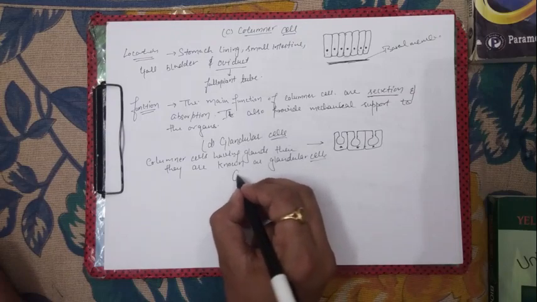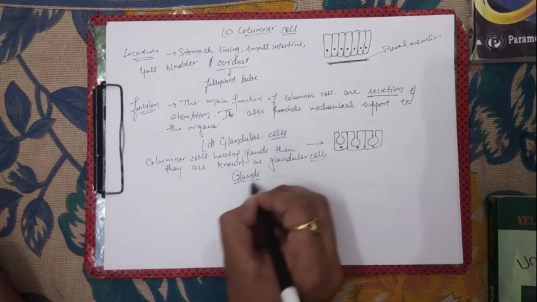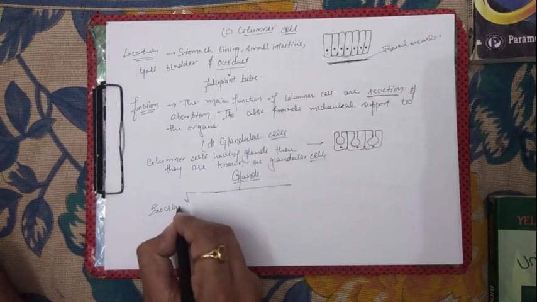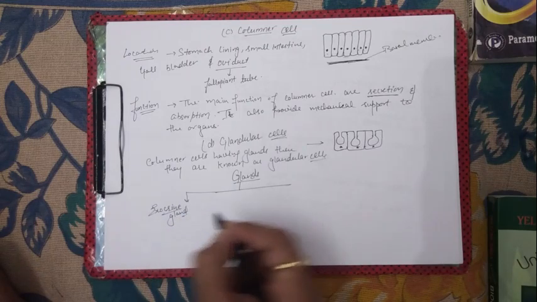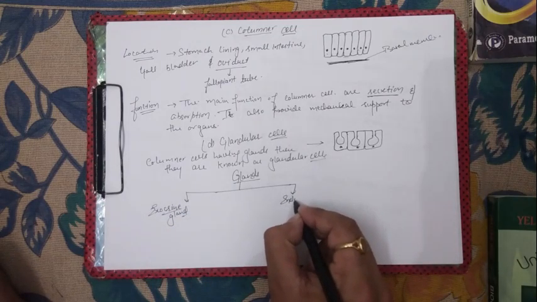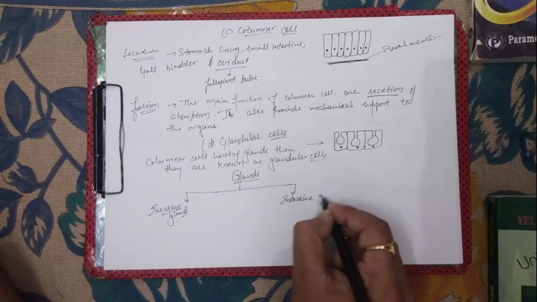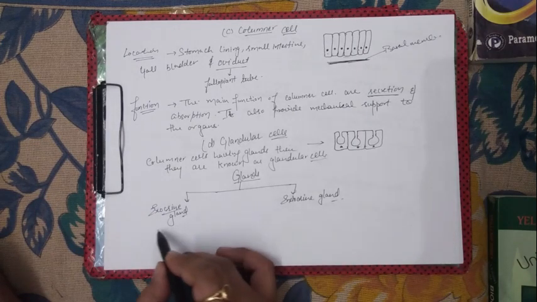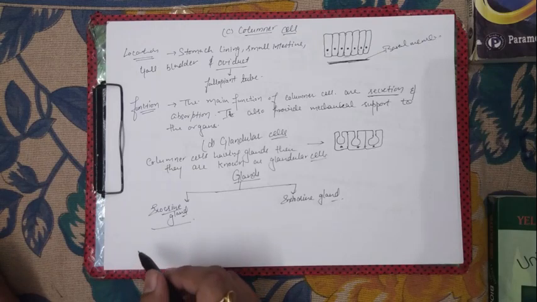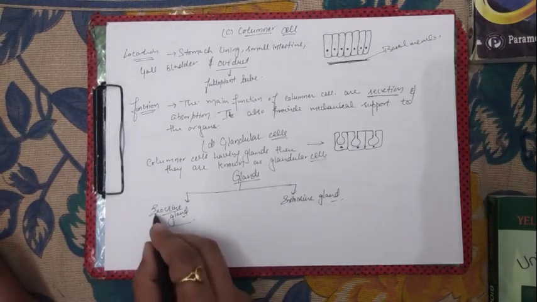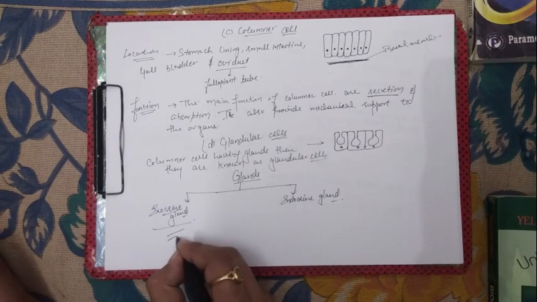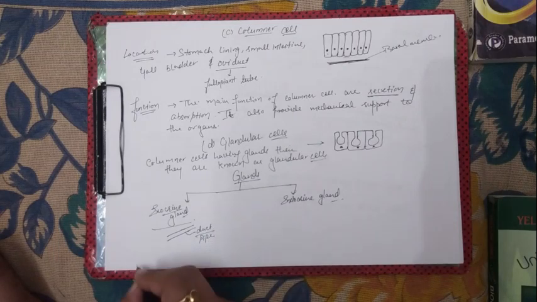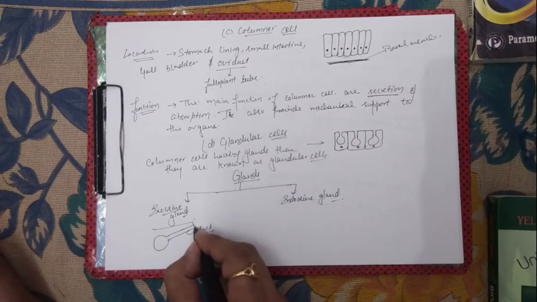On the basis of glands, glands are of two types: exocrine gland and endocrine gland. Exocrine means exo is outside; they have a duct or pipe-like structure.